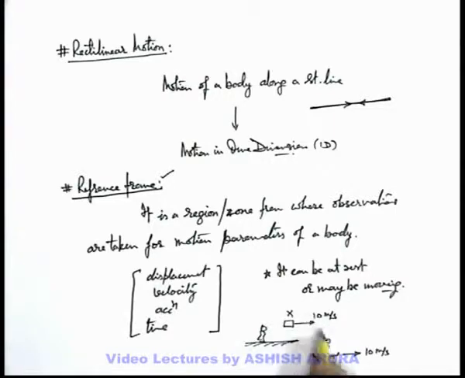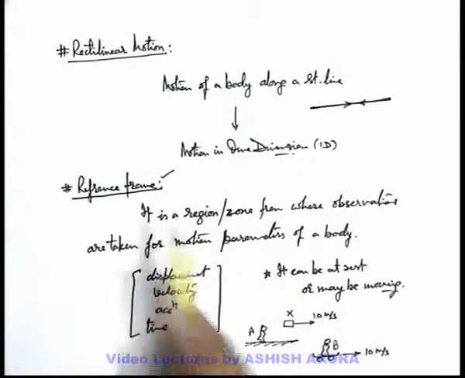Both are moving at 10 meters per second, so this boy will not observe any motion in this body. So in the reference frame of observer A, this body is moving at 10 meters per second, and in the reference frame of observer B, this body is at rest.